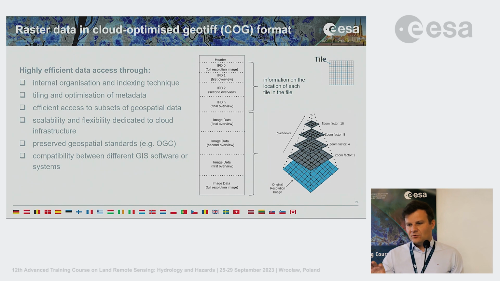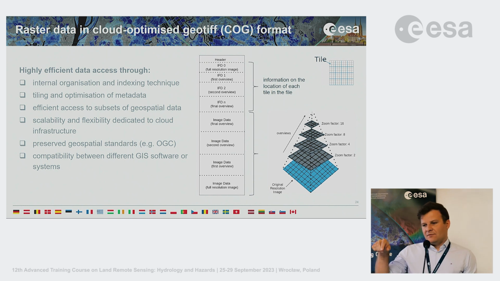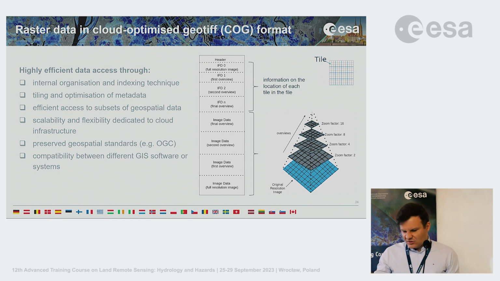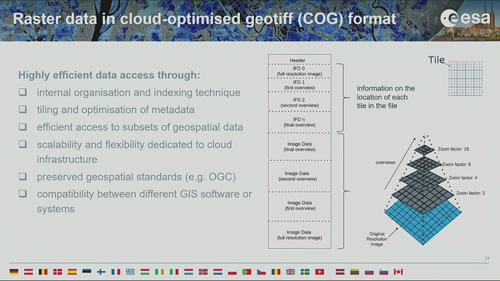So if you look for a time series for a smaller region across time, through all the images, but only a part of each image, you don't need to download all the data, because you can get only the parts of these files. And the good information is that the normal GDAL library can read and write this format.